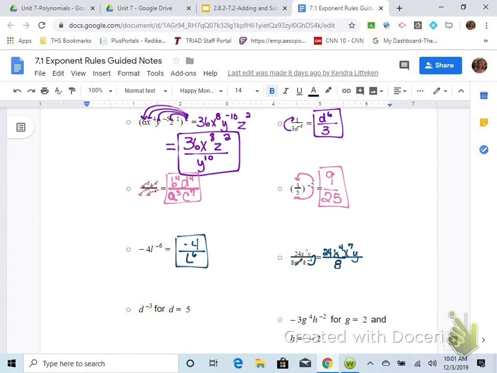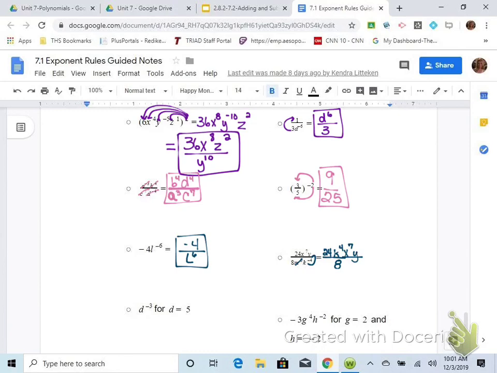Am I done with this problem? Yeah. I hear a yes and a no. No. Okay, what is not finished? The top. What's not finished here? What does this fraction line also refer to?